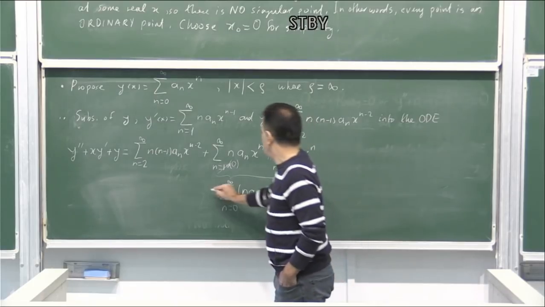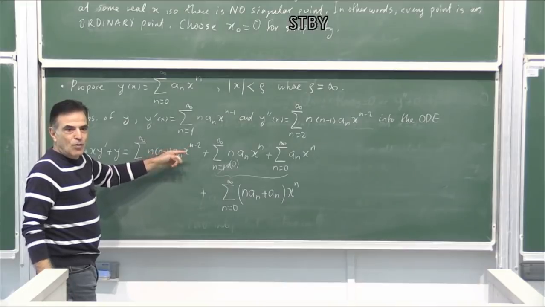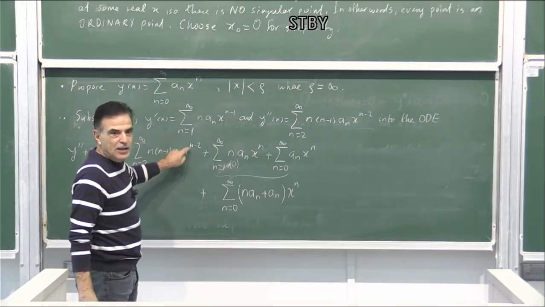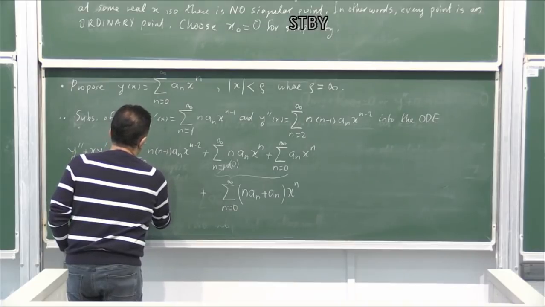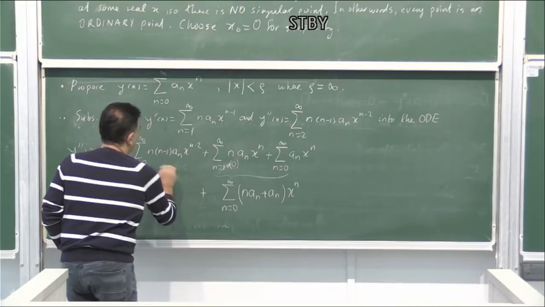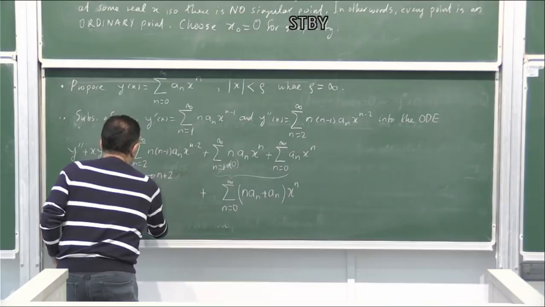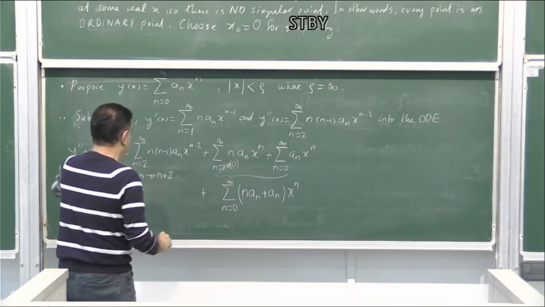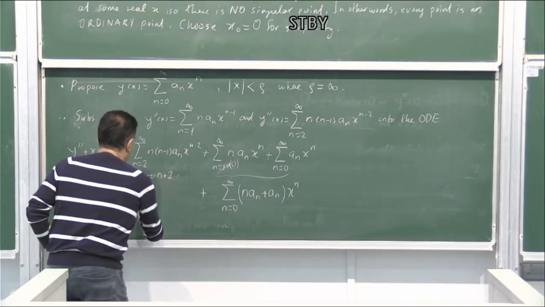And the first series can always be transformed into a series containing x to the power n by using this transformation: in place of n, I'm going to write n plus 2. So the series will start from 0 because n increased to n plus 2.